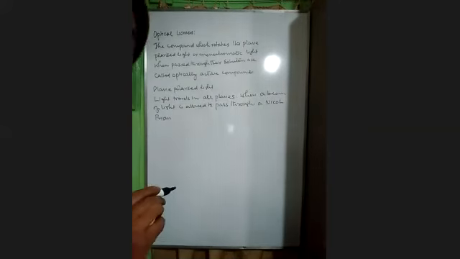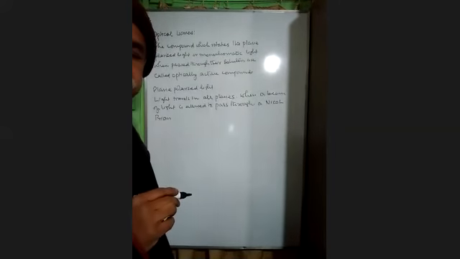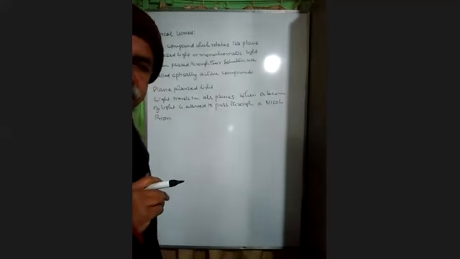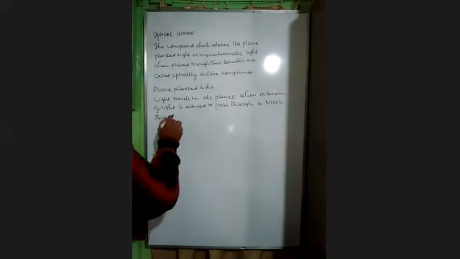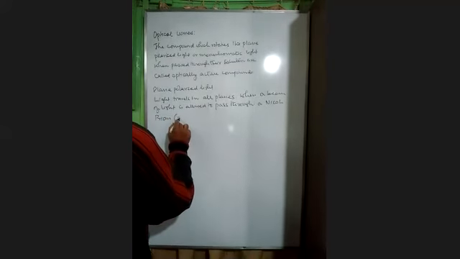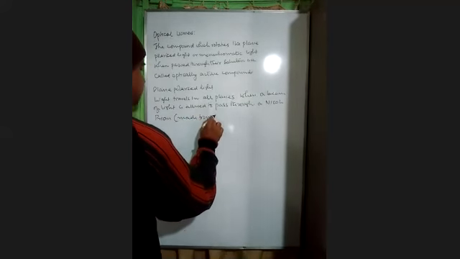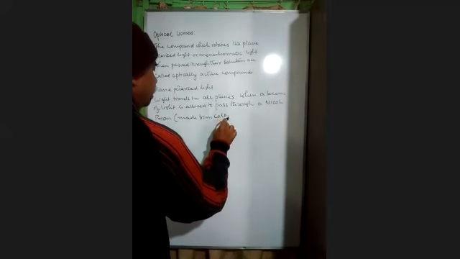Nicol, have you seen any prism? Prism you have seen? Yes, sir. Most of the prisms are made from glass. But a nicol prism is not made from glass. It is made from calcium carbonate.